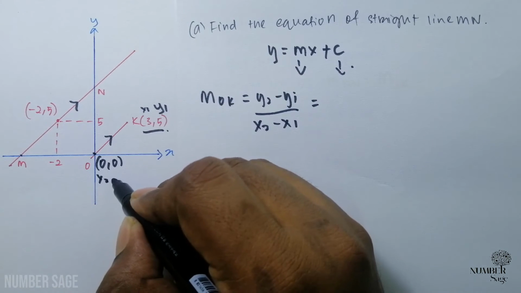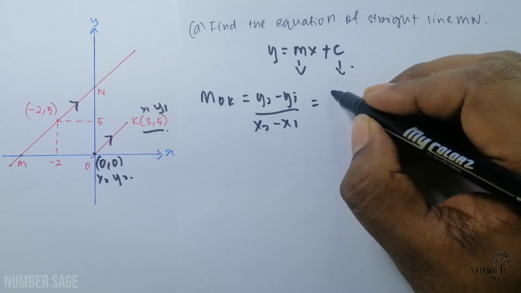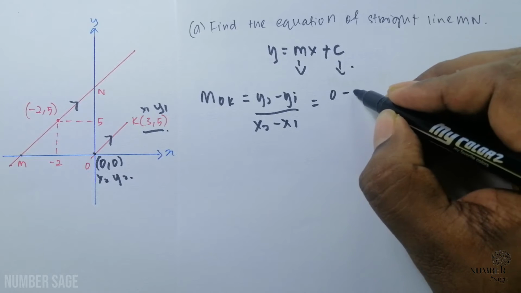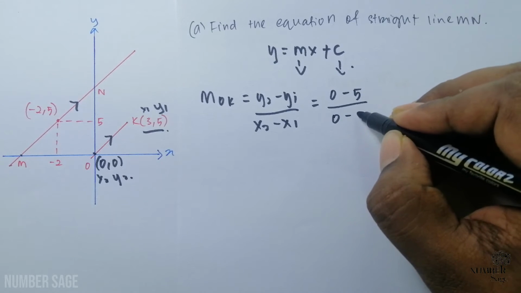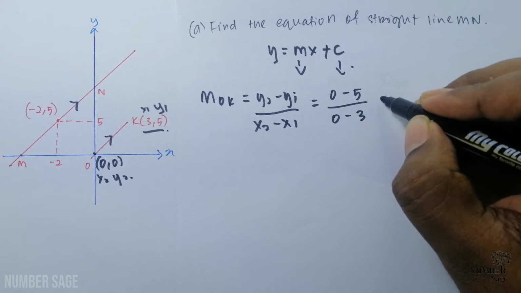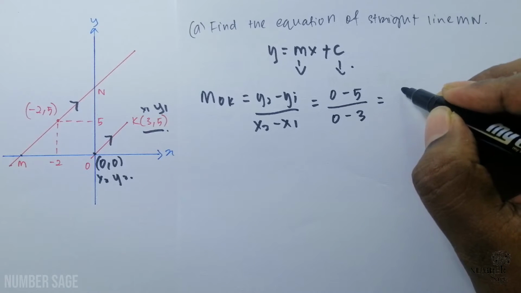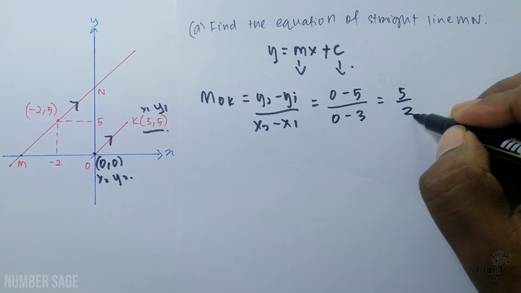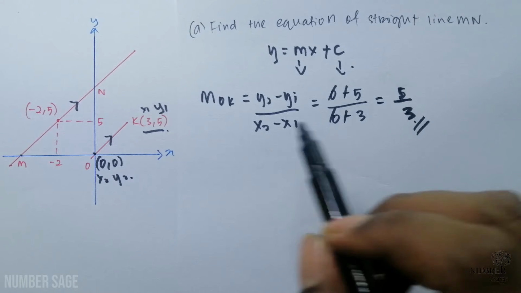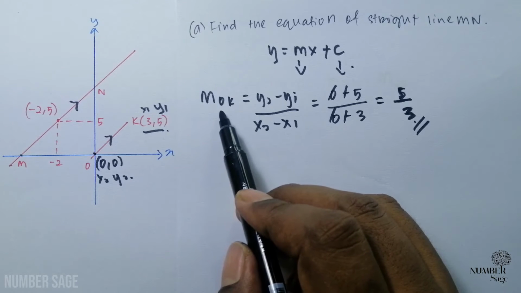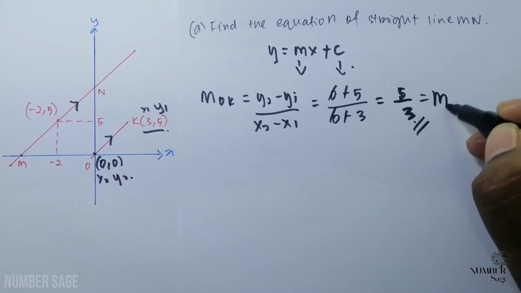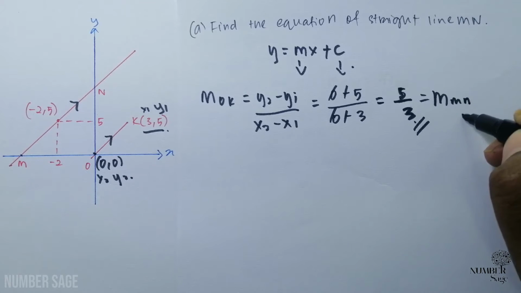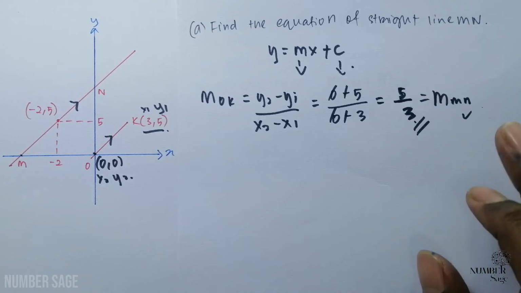This is x2, y2. 0 minus 5 over 0 minus 3. Further solving will give us 5 over 3. This is the gradient of OK and also the gradient of MN. So we have found the gradient.